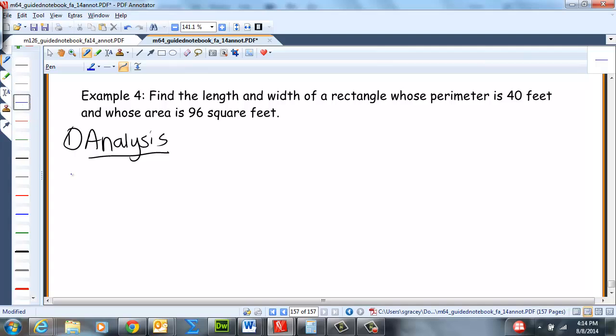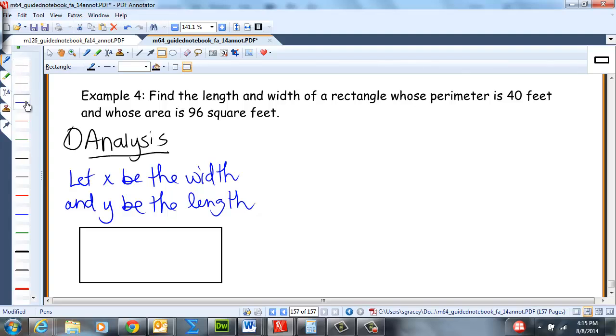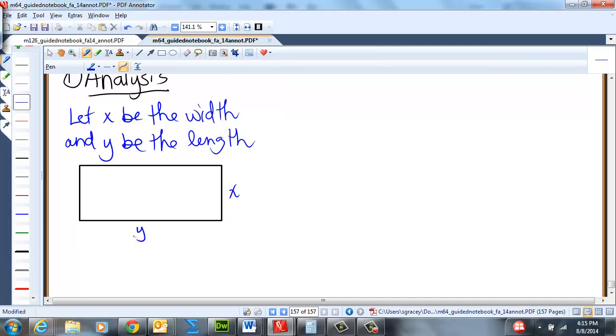So if we let x be the width and y be the length. And, you know, we have a rectangle. So here's my x and my y. We know inside area is 96, and we also know area is x times y, right?